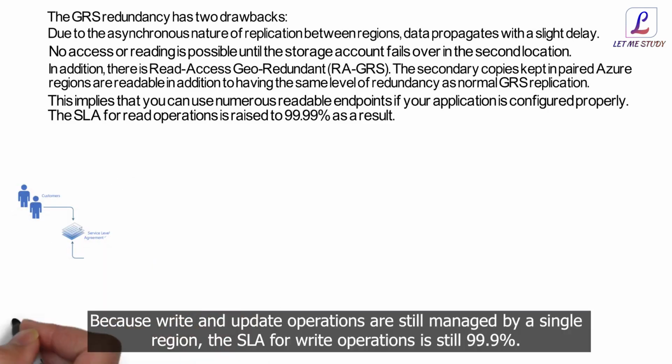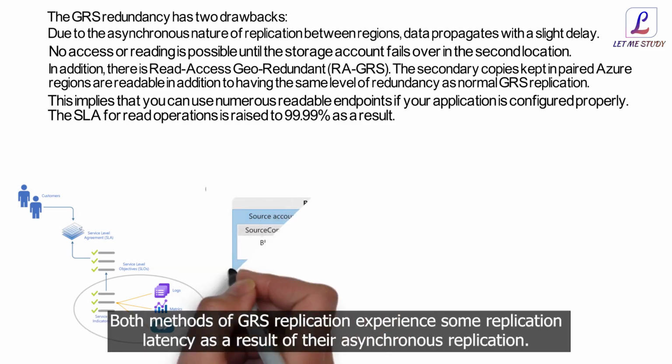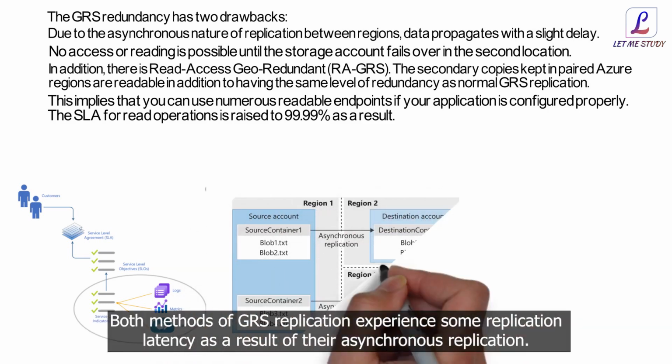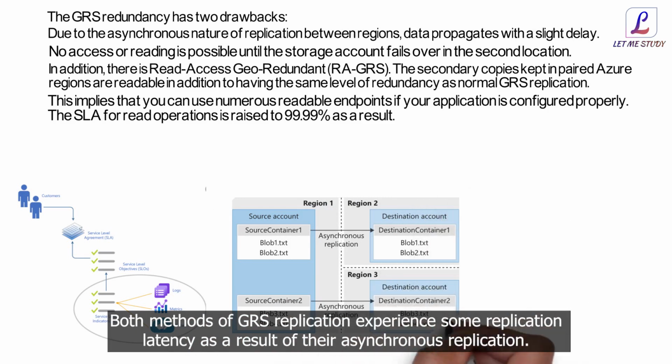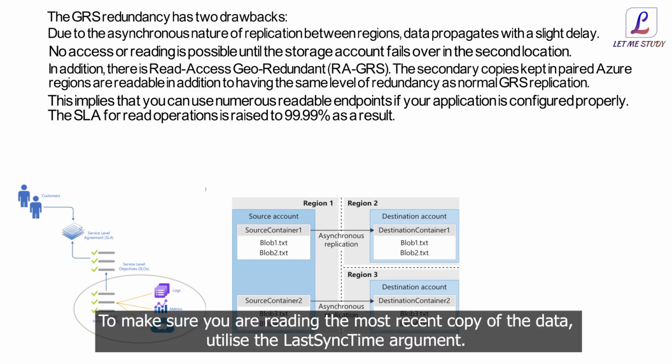Because write and update operations are still managed by a single region, the SLA for write operations is still 99.9%. Both methods of GRS replication experience some replication latency as a result of their asynchronous replication. To make sure you are reading the most recent copy of the data, utilize the last sync time argument.